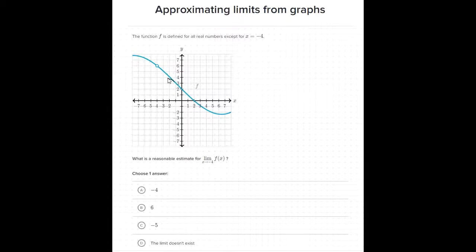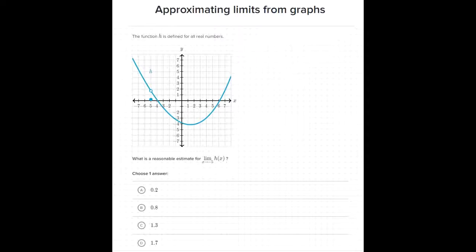So we see here it's approaching from the right, and it looks as if it would be hitting 6. And then from this side, same thing, 6. Let's say if x is -3.99999, y would be like 5.99. So we see it's getting closer and closer to 6. So we'd say 6 for this one. And that's the correct answer.